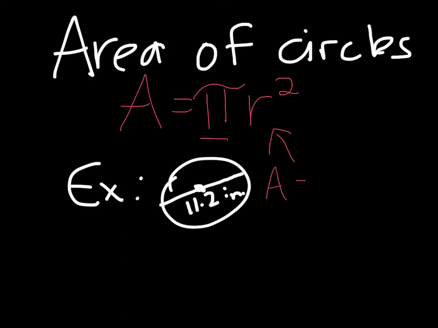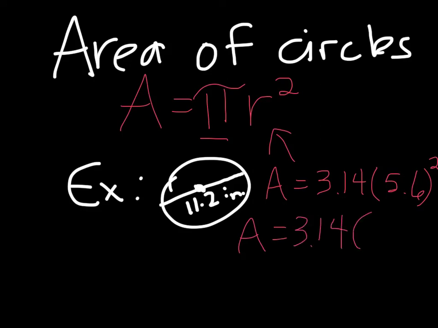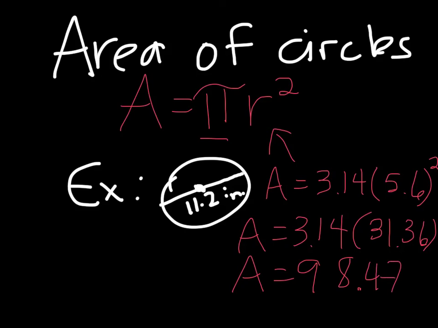So down here I'm going to have the area equals 3.14 times, and in this case I know that the diameter is 11.2, and so if I divide that in half, I get the radius is 5.6 squared, and if I do 5.6 squared, I have 3.14 times 31.36, which leaves me with an area of 98, we'll round to the nearest hundredth, 0.47 inches squared is my area.